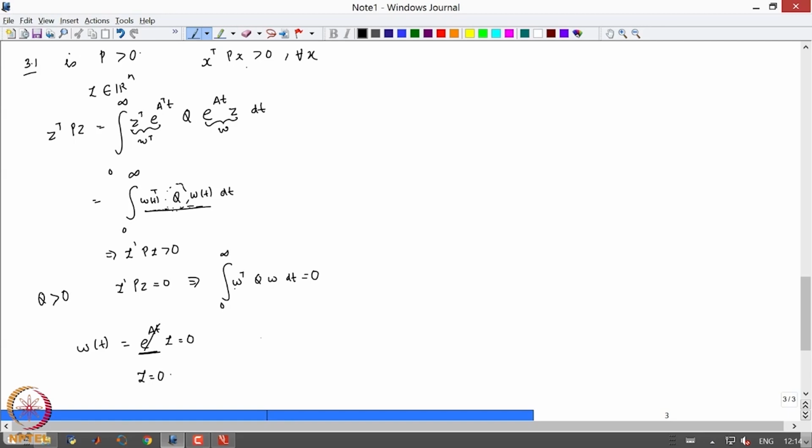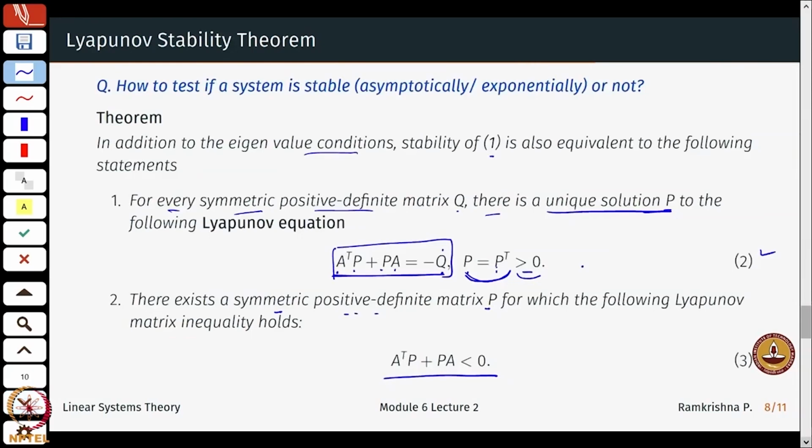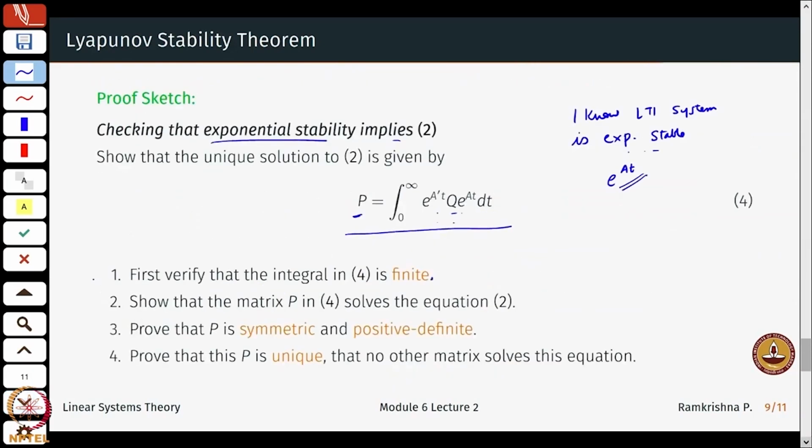Okay, and therefore we have proven that P is not only symmetric, but is also positive definite. So we are done now with these properties. In the first step, I verified that the integral is finite.